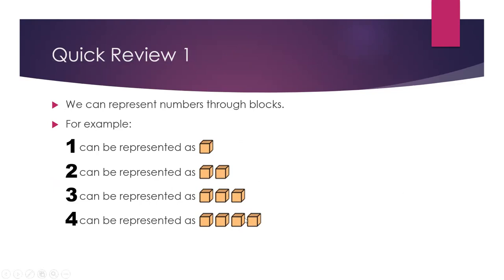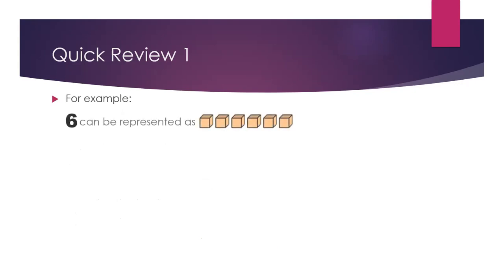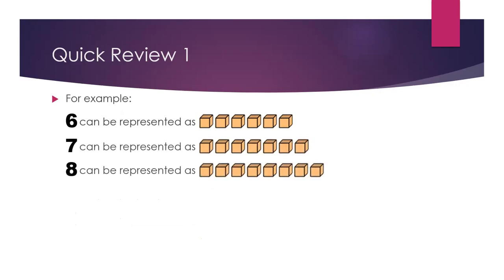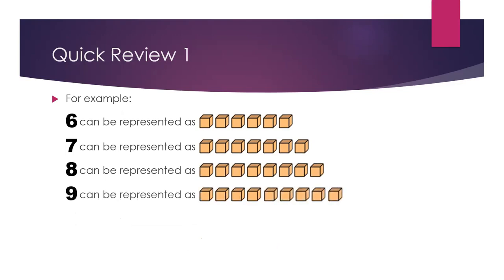Here I am referring to ones because 4 ones block representing the number 4. Similarly, 5 is represented by 5 single blocks. Now, 6 can be represented as 6 blocks, 7 can be represented as 7 blocks, 8 can be represented as 8 ones blocks, 9 represented as 9 ones block.